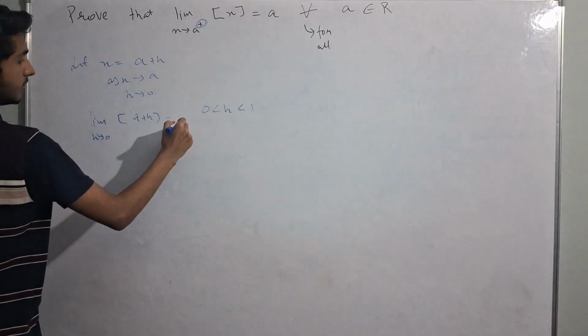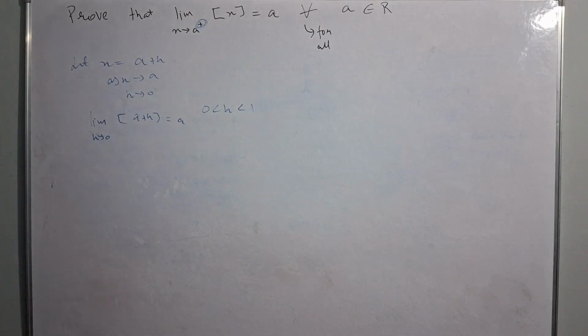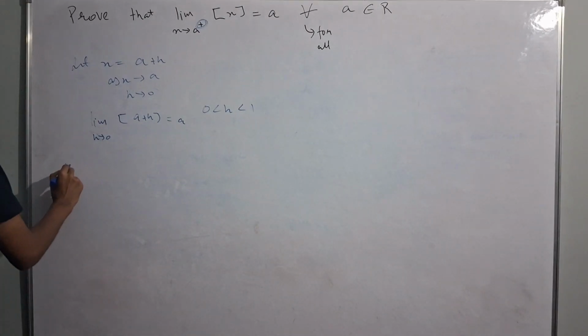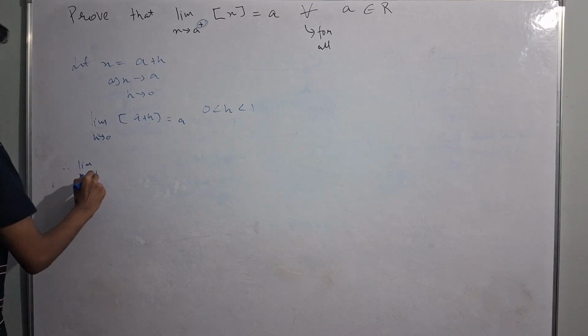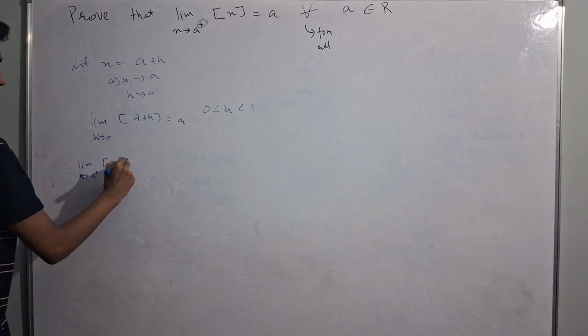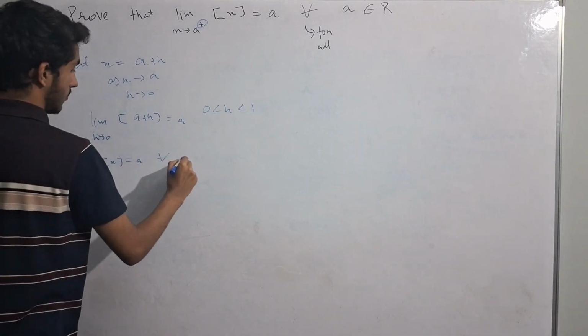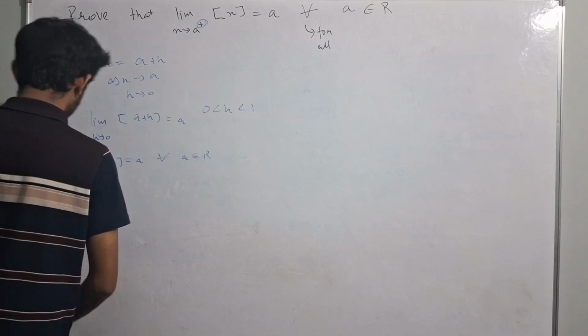So the value would be a. So basically we can again write limit x tends to a positive of greatest integer of x is a, for all a belongs to R.